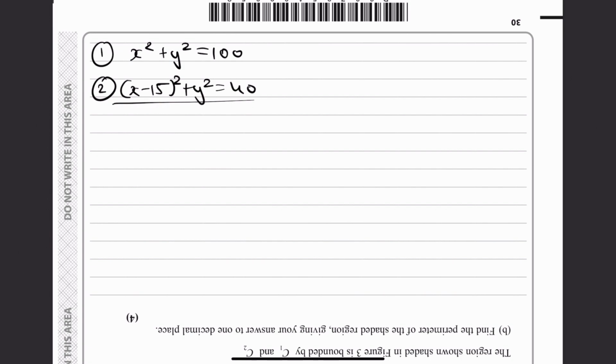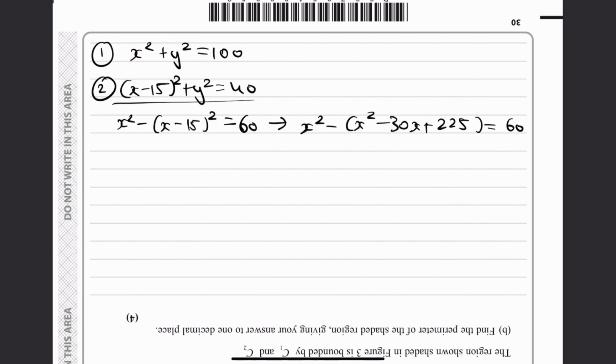So first thing I'm going to do to work out the points of intersection is subtract both, so the y's will cancel out. x squared minus x minus 15 squared is equal to 60. x squared minus x squared minus 30x plus 225 equals 60. And now the x squareds cancel out, so you're left with 30x minus 225 equals 60.